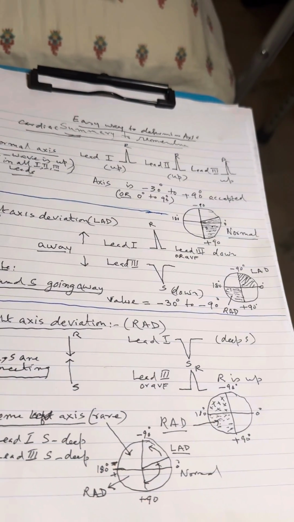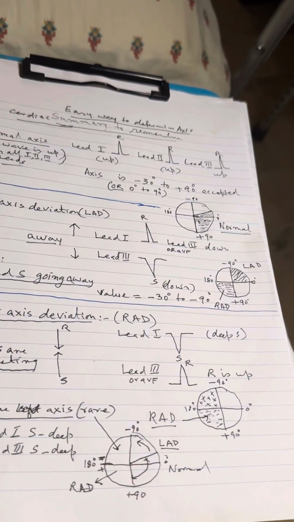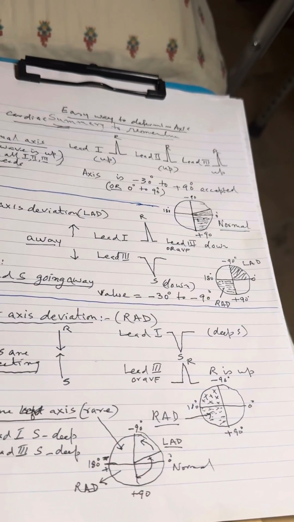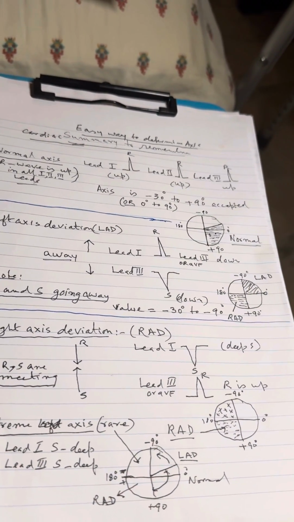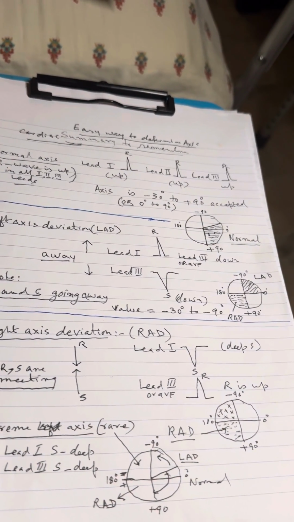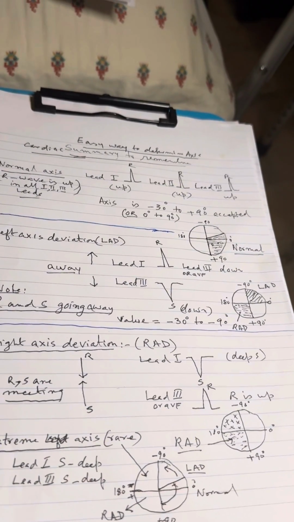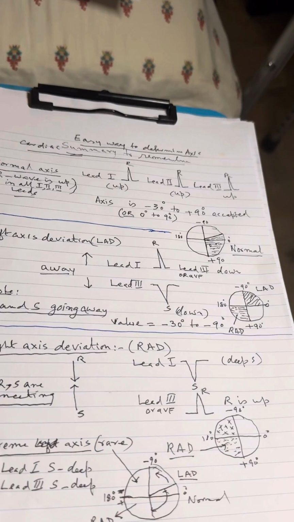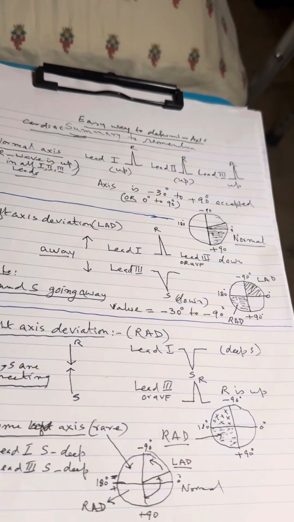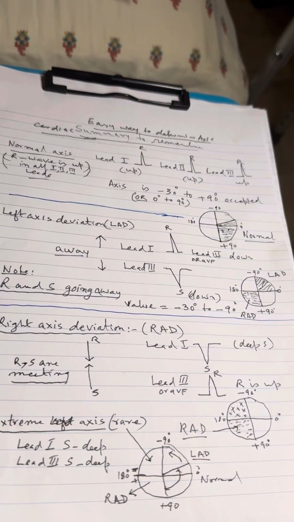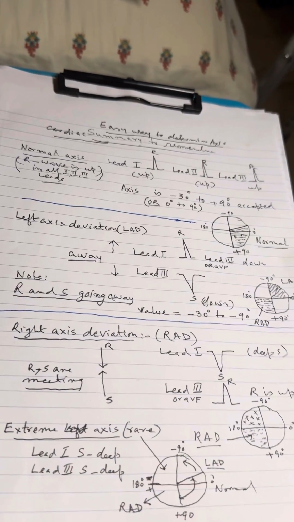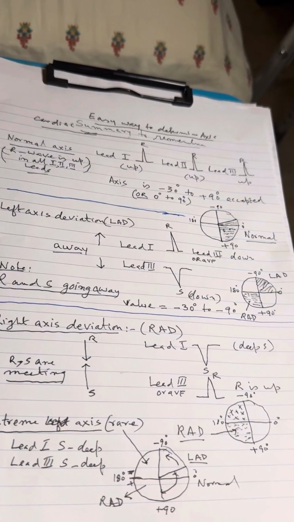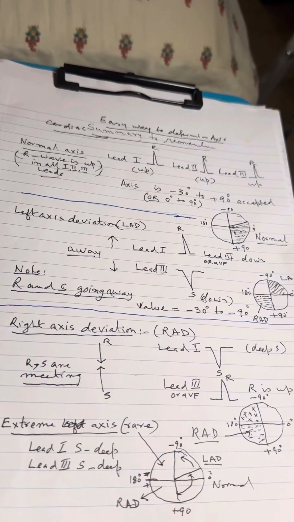This is a very rare condition, which is in the left upper quadrant of the circle. This is rare. We will discuss at an appropriate time where we see extreme deviation.